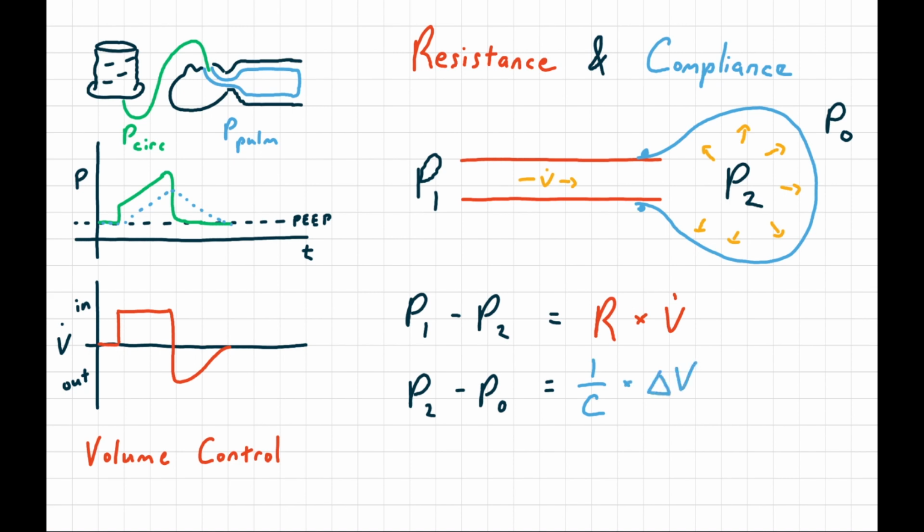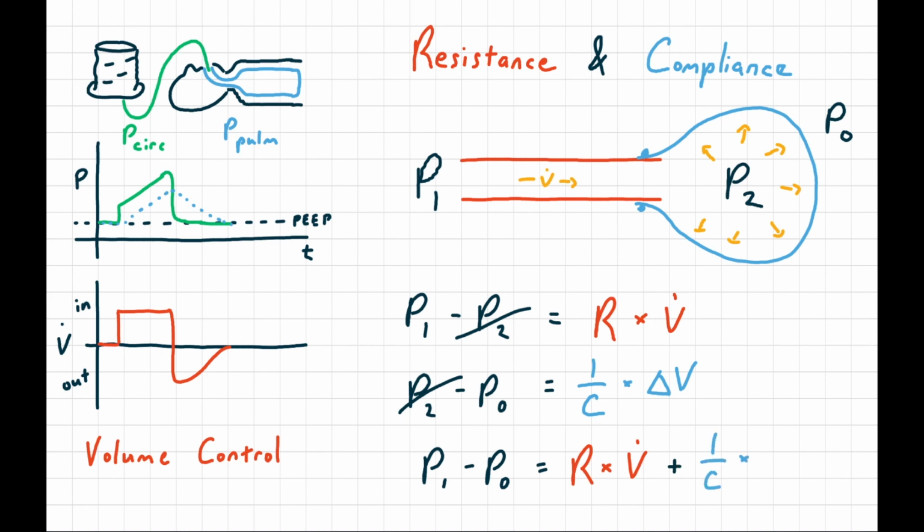We can add both sides of these equations together, the P2's cancel out, and you have P1 minus P0 equals your flow component, which is resistance times flow rate, plus your distension component, which is 1 over compliance times change in volume.